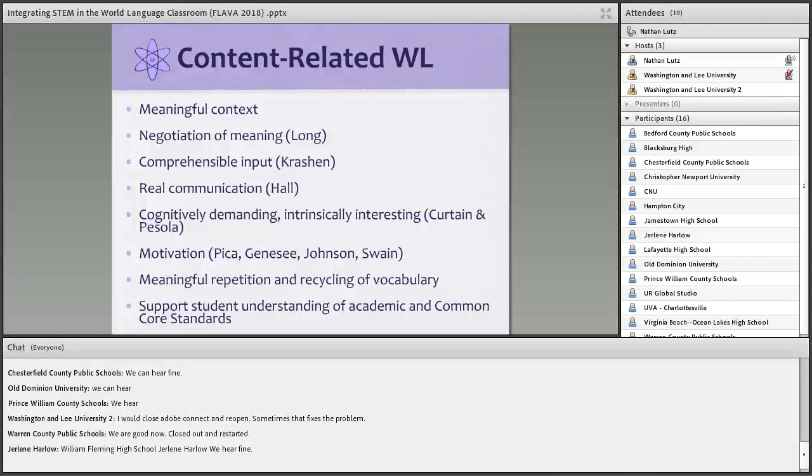Let's say you have a student who is interested in the sciences or in social studies. You're now tapping into that kid's interests. Also, meaningful repetition and recycling of vocabulary. We know as a best practice that we can't teach one thing and then move on and never come back to it, but that the vocabulary or grammar structures that are embedded in that unit constantly come back. And then finally, we must support student understanding of academic and Common Core standards.